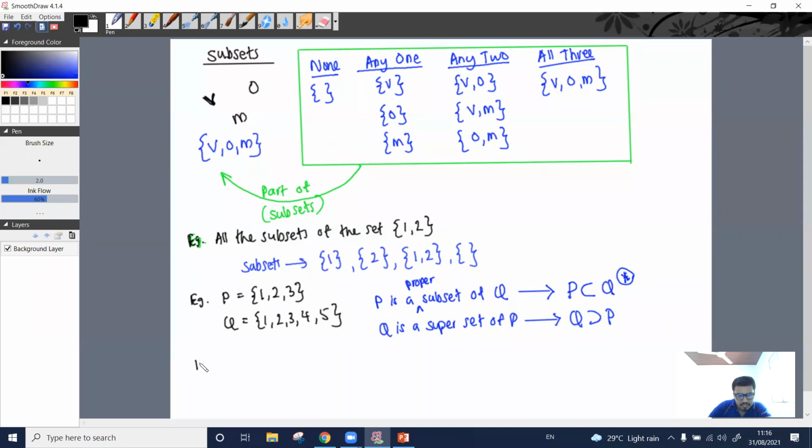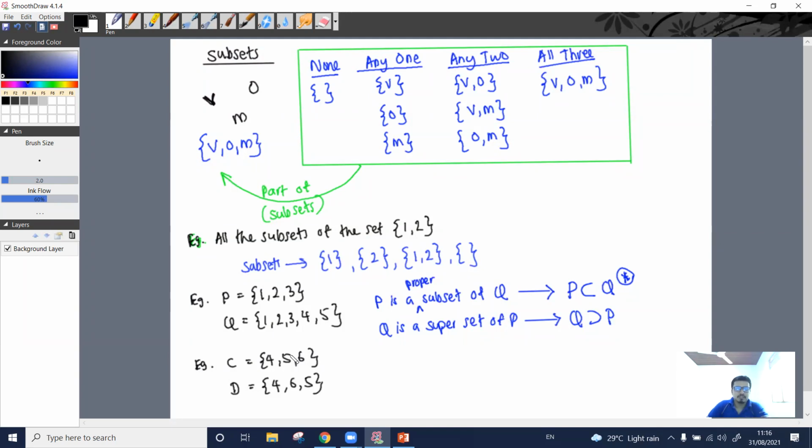And if I take another example like this, set C equals 4, 5, and 6, and set D equals 4, 6, and 5.